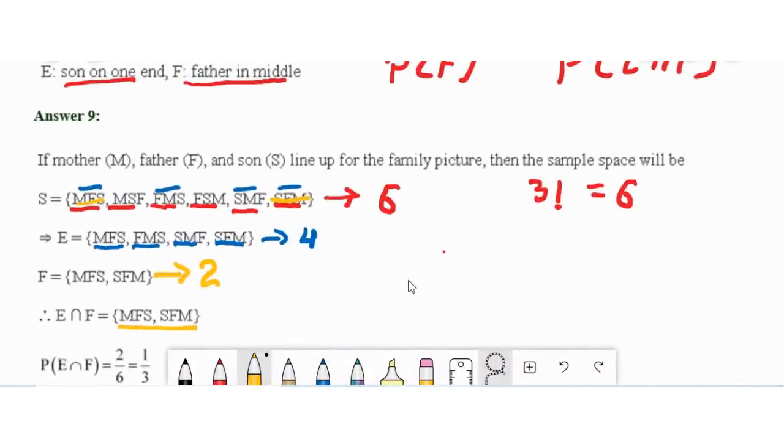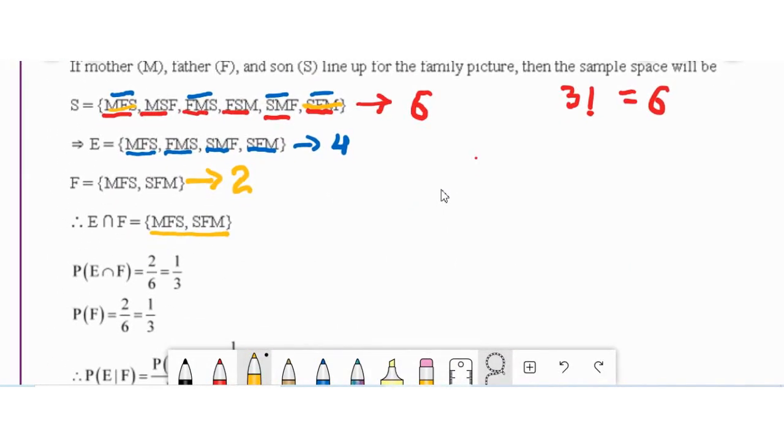Now once you have the outcomes for E intersection F, I think it is not very difficult to find the probability. So probability P of E intersection F is equal to 2 by 6 because favorable outcomes are 2 over here. So 2 upon 6 is equal to 1 upon 3.